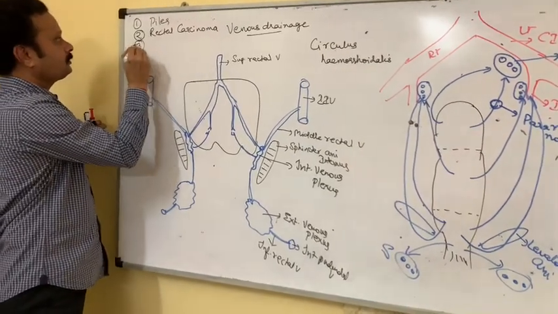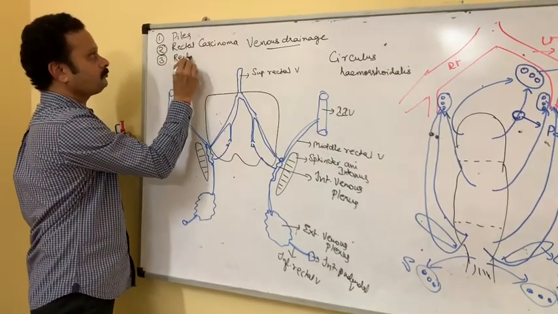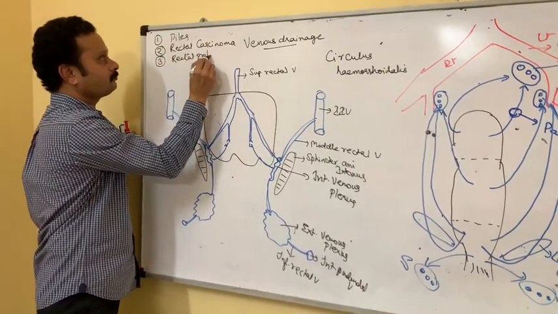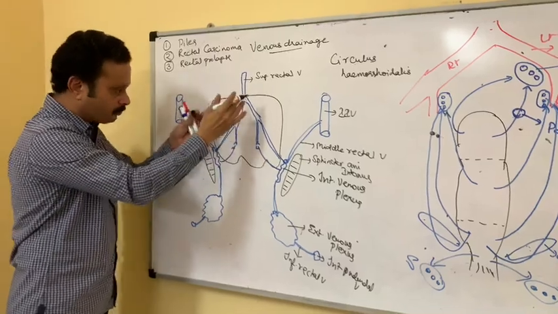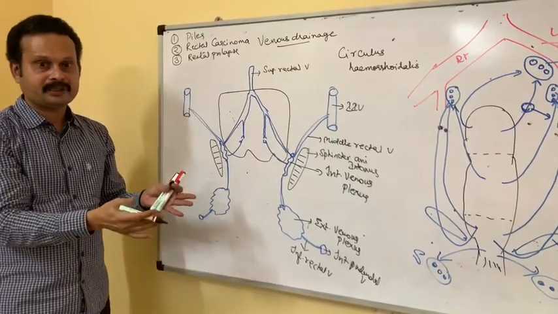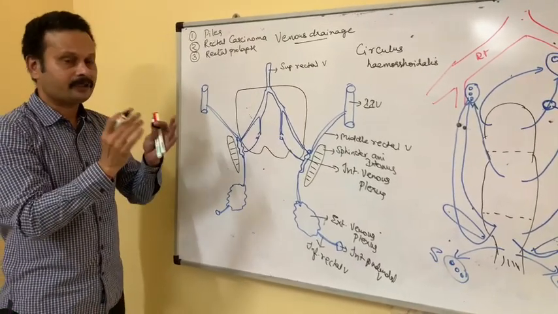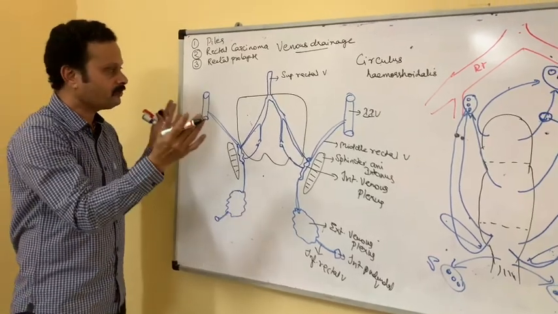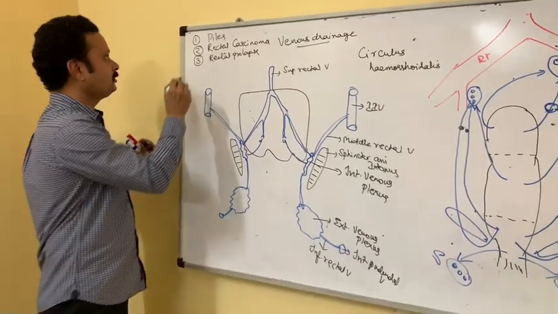Another one is rectal prolapse. Sometimes a portion of the rectum may descend during straining from the anal opening to the outside due to weakness of its supports.